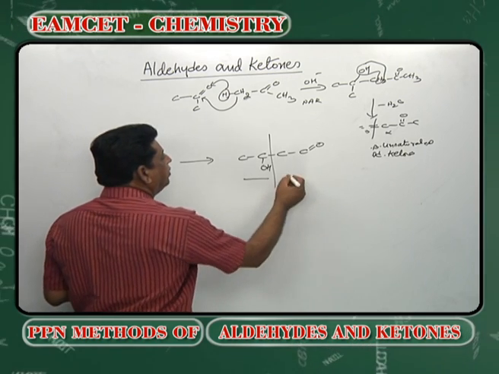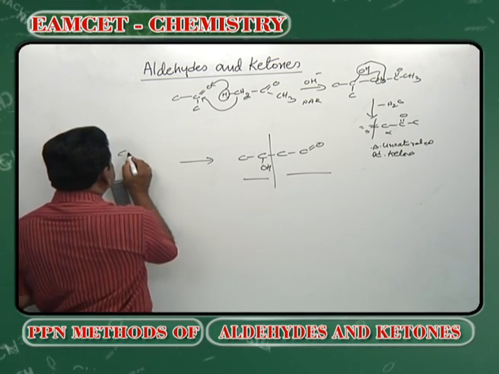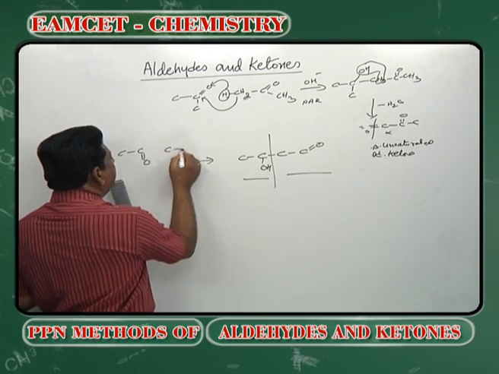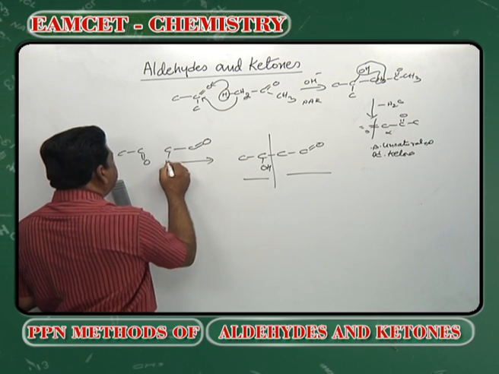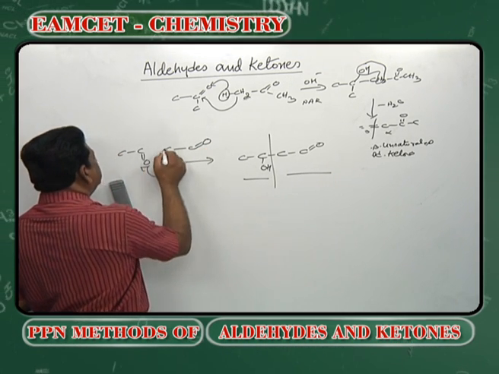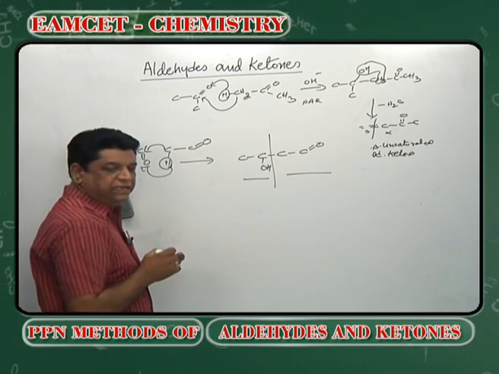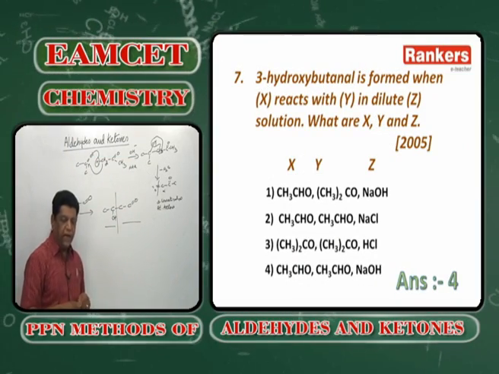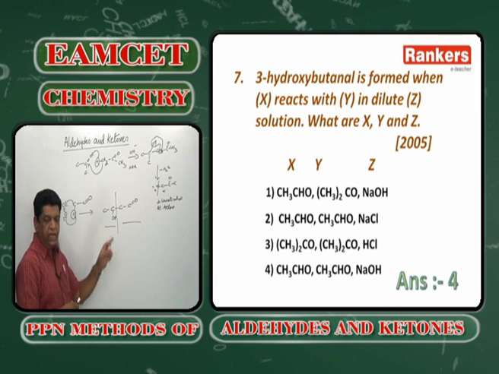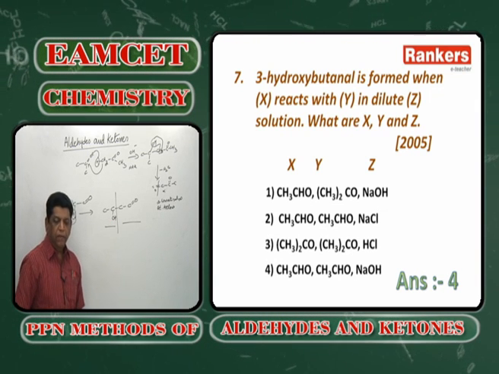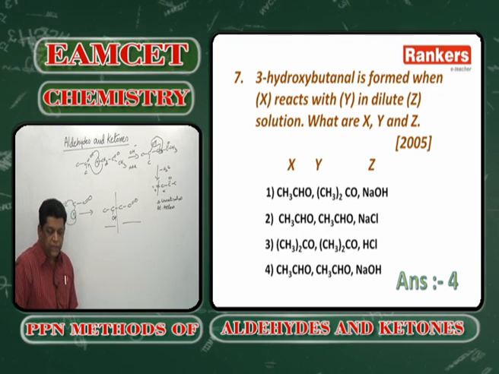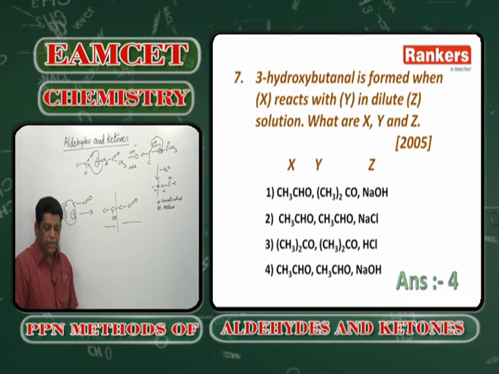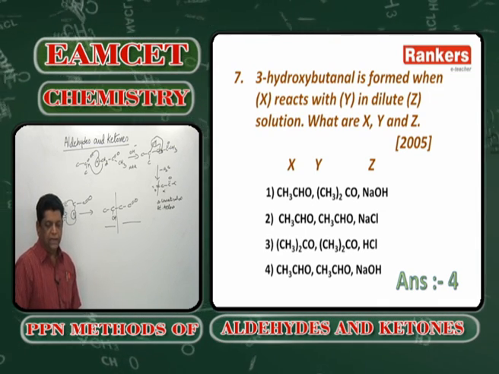This was actually acetaldehyde. When acetaldehyde is added with another acetaldehyde, the hydrogen is added on the O, and this compound is added, so you are getting this one. So acetaldehyde adds with another acetaldehyde in the presence of Z. Z is sodium hydroxide. Two acetaldehydes with one sodium hydroxide, that is the combination, so the fourth answer is the right answer.